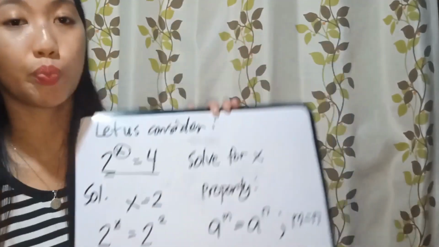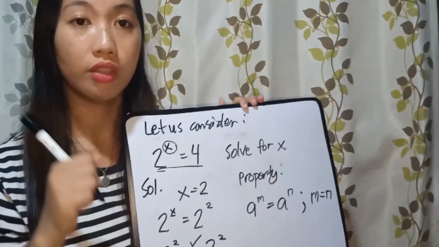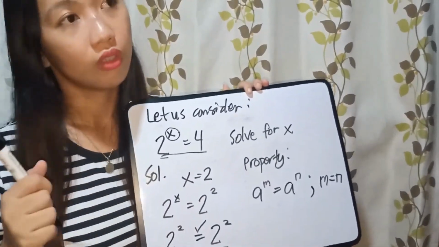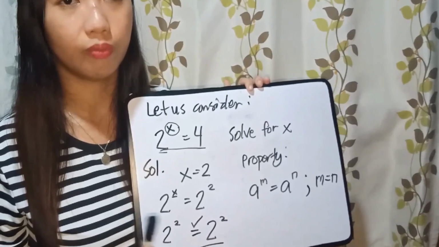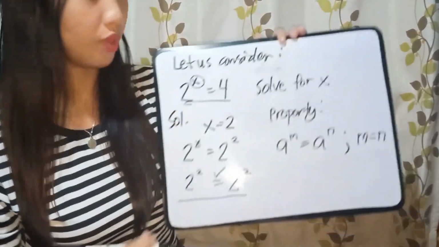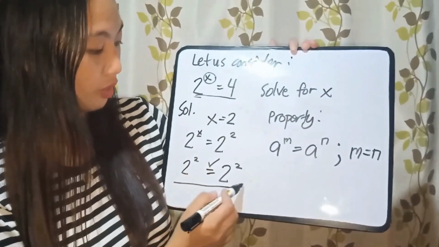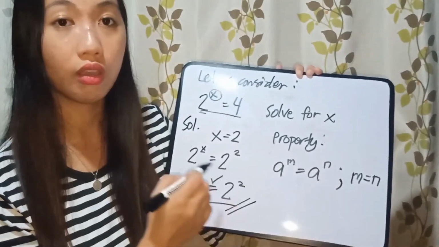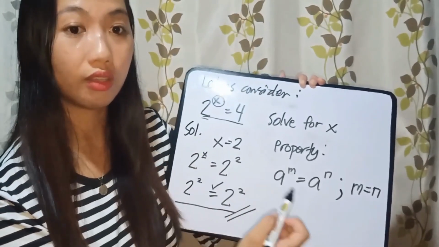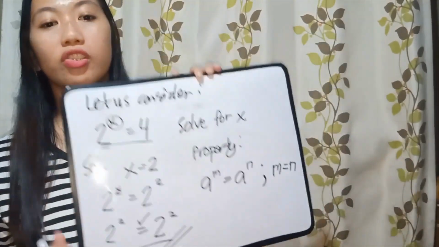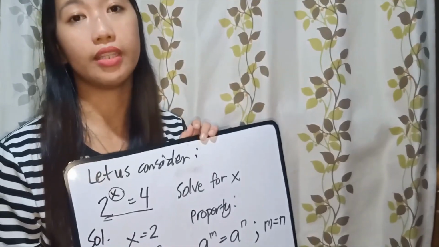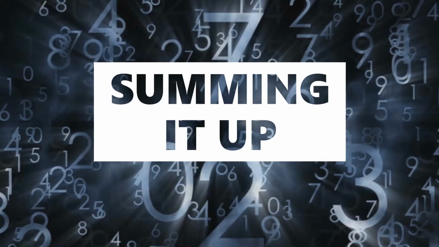So this special property is the most used property that you're going to apply in exponential functions because it simply says the equation. Okay, so we're going to equate the left side to the right side. So these are the basic ideas about the laws of exponent that will be applied in the exponential function.